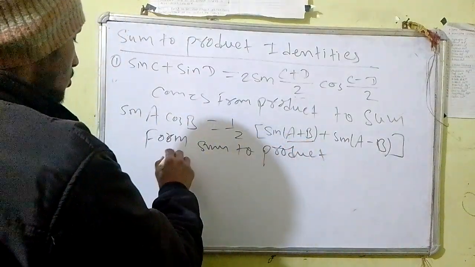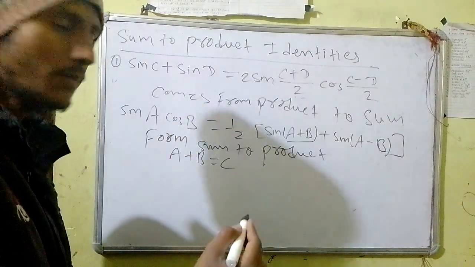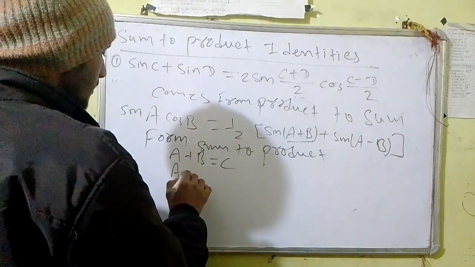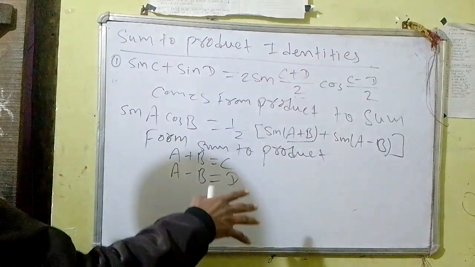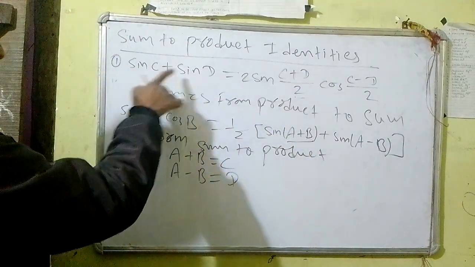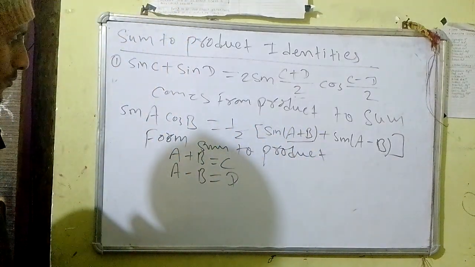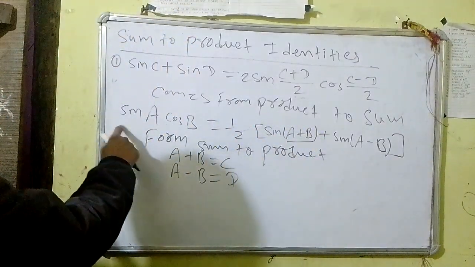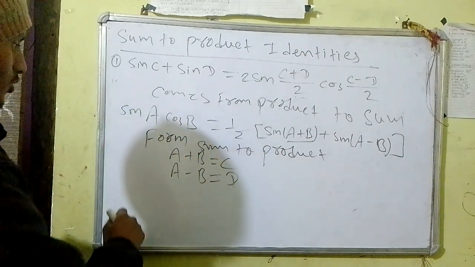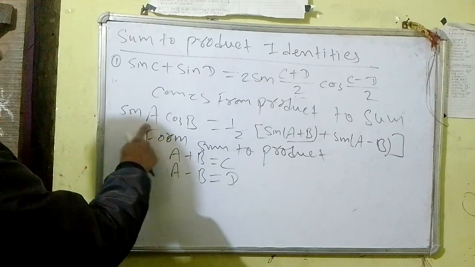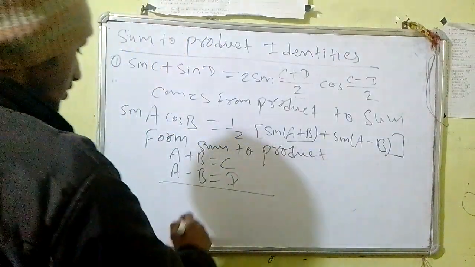This angle is known. So A plus B is some angle C, and A minus B is another angle D. So these are known in terms of C and D. Sine C plus sine D is known here, and you have to figure out what this becomes on the product side. First of all, you have to figure out what A and B will be. So add them up.